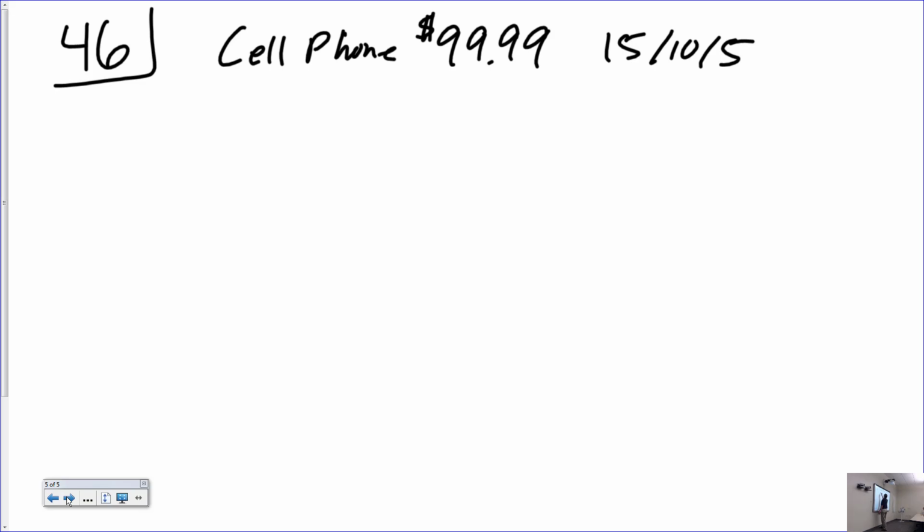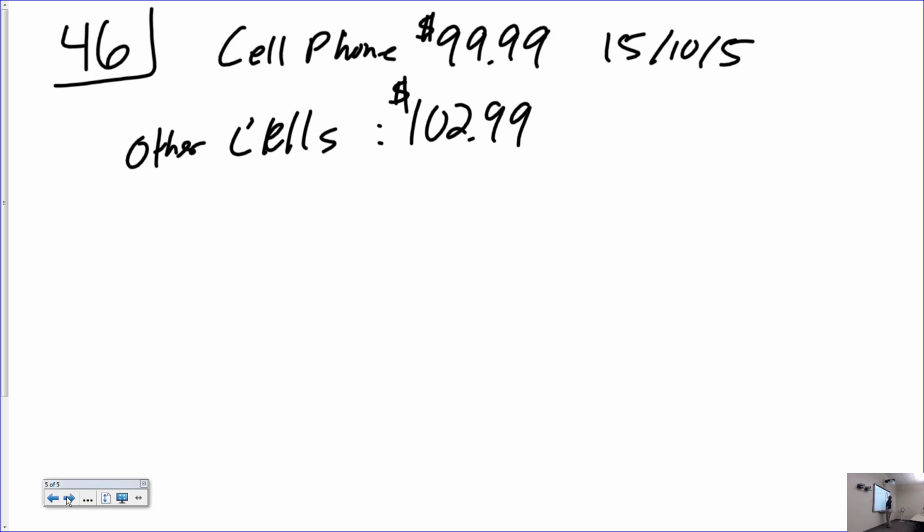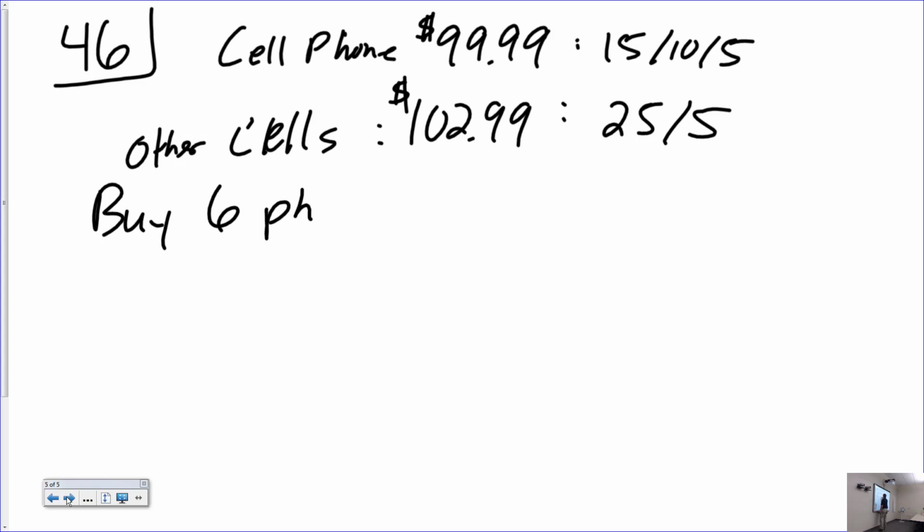The company sells its cellular phones that list at $102.99, with a chain discount of 25, 5. If a person is buying 6 phones, how much could she save if she buys from the lower price company?